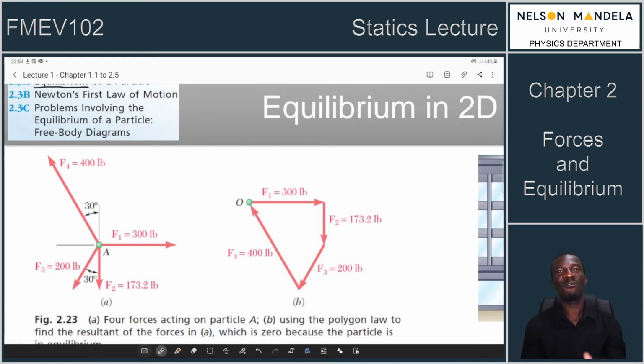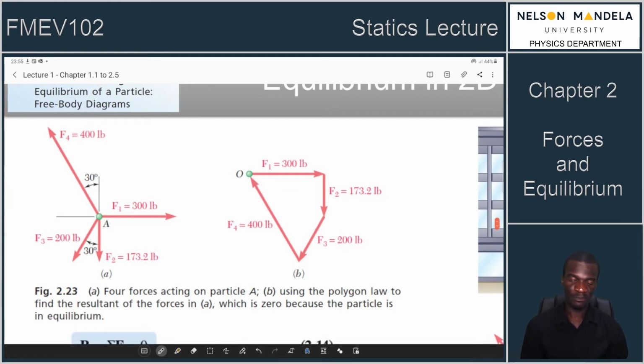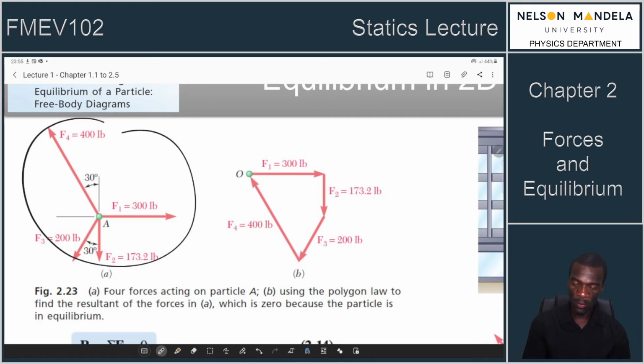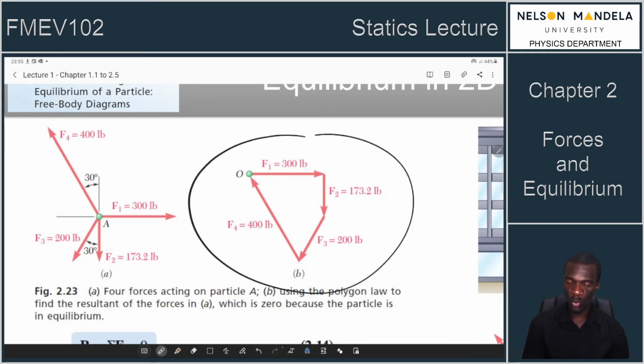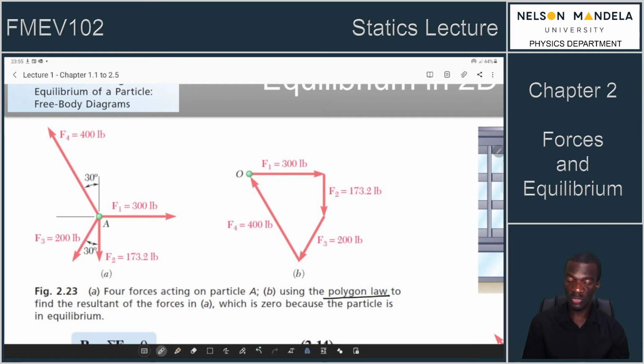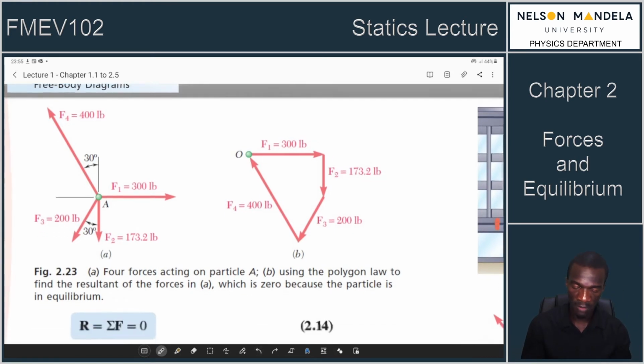The sum of all those x forces must equal 0. The sum of all those y forces must equal 0. One way of doing it is you can decompose, or you can just plot a polygon of forces. You can use the polygon law, which we discussed when we said you can have multiple forces acting on the same object.